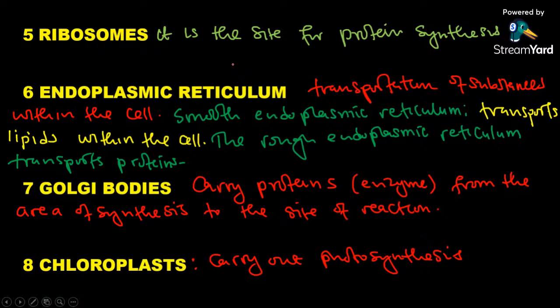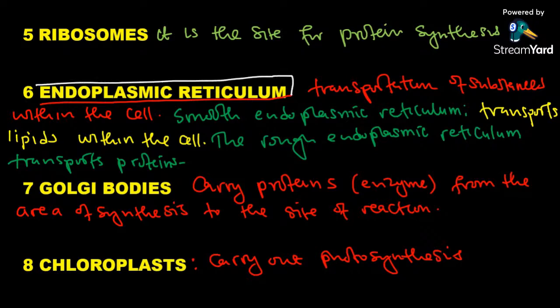So ribosomes, protein synthesis. What about the endoplasmic reticulum? When you talk of the endoplasmic reticulum generally, in terms of functions, we can say transportation of substances within the cell. The endoplasmic reticulum, in general, encompasses rough and smooth, and its function is transportation of substances within the cells. Now, let us look at each of the endoplasmic reticulum individually.